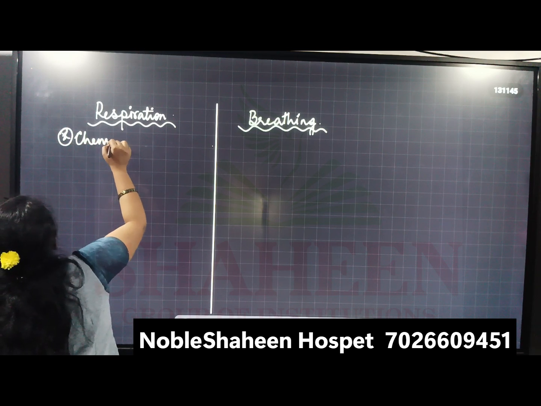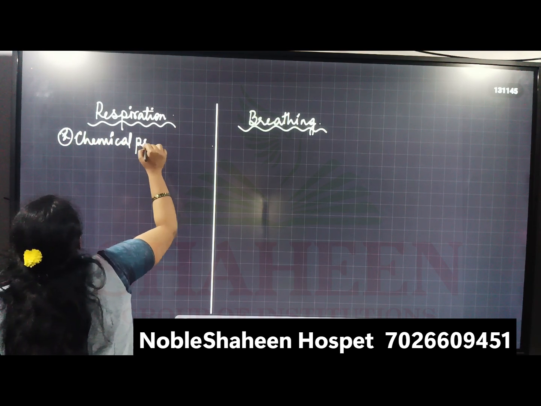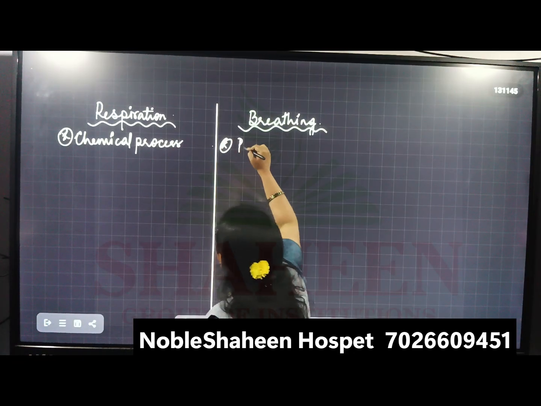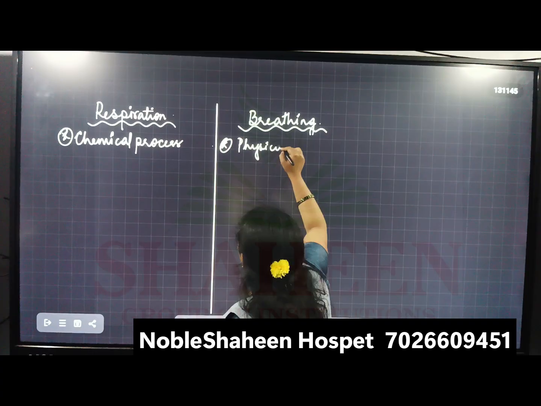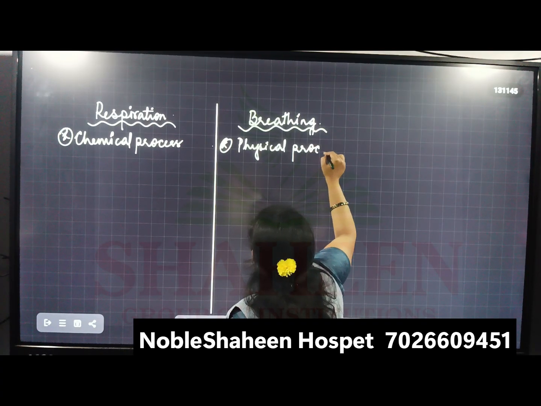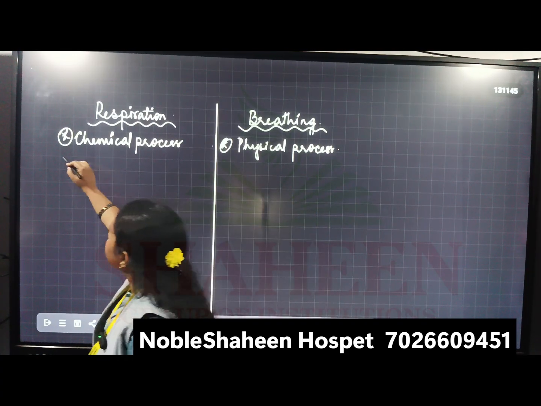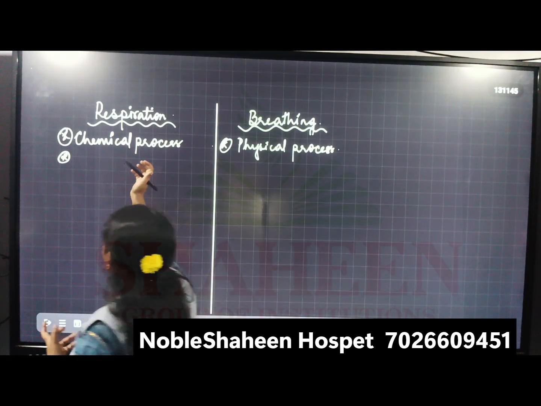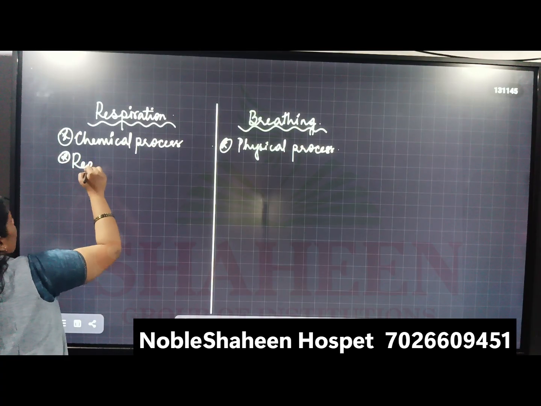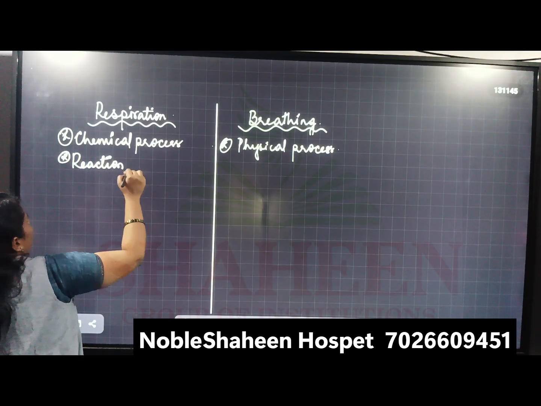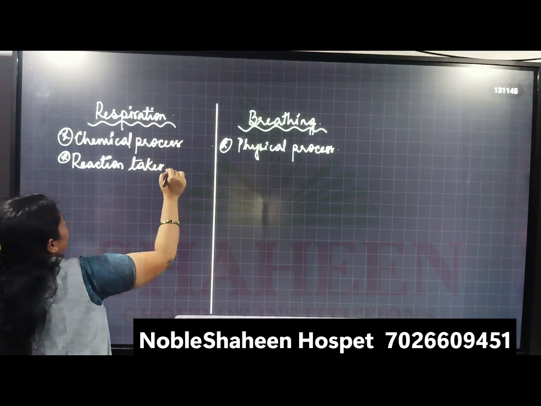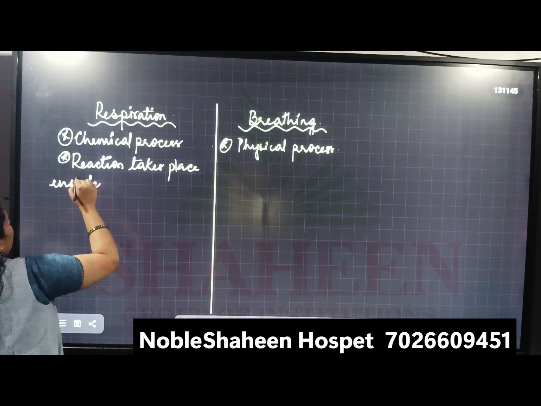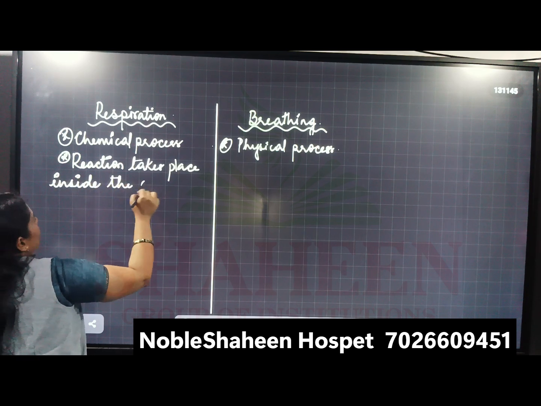It is a chemical process, whereas breathing is a physical process. So why is it called a chemical process? Because the complete reaction is taking place inside the cell, right?